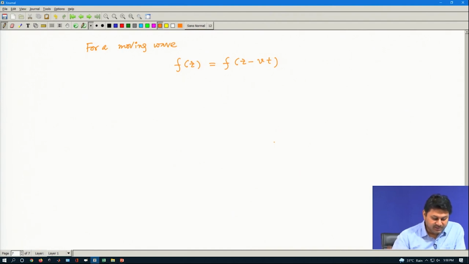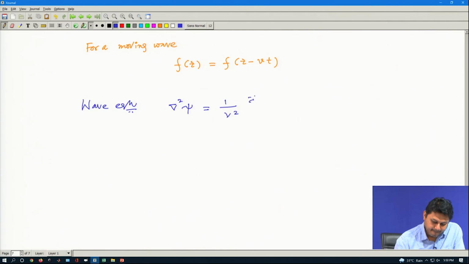Now, we know the wave equation from several places. In 3D I can write it something like this. This is a two-variable differential equation, and it is nothing but the wave equation in 3D.